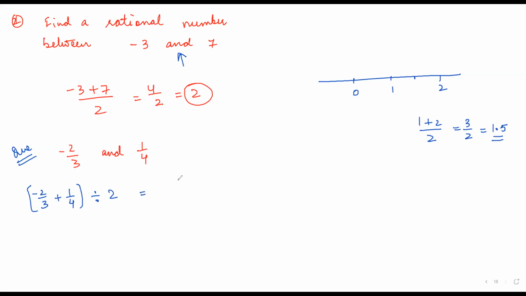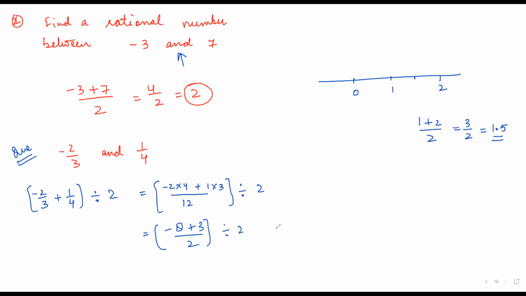So now you take LCM. 3 and 4, the LCM is 12, right? Minus 2 into 4 plus 1 into 3, and this whole thing divided by 2. So this will be minus of 8 plus of 3 divided by 12, again divided by 2.